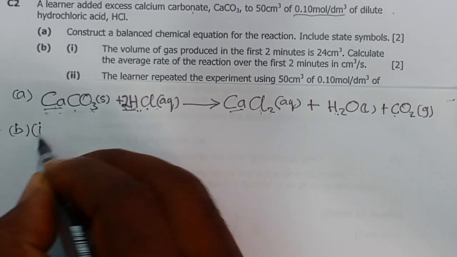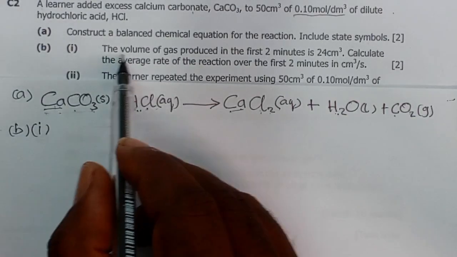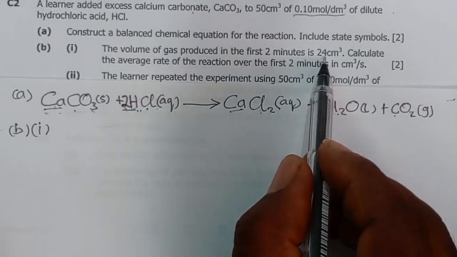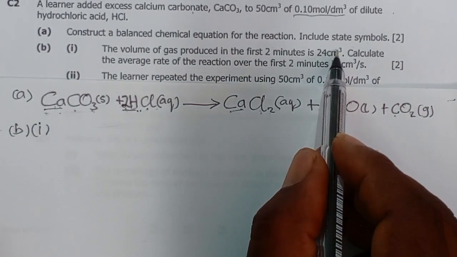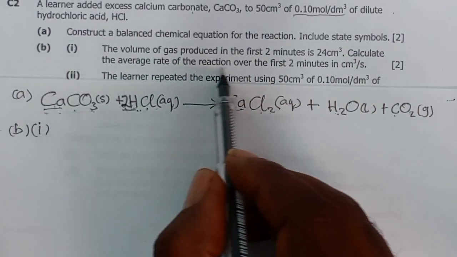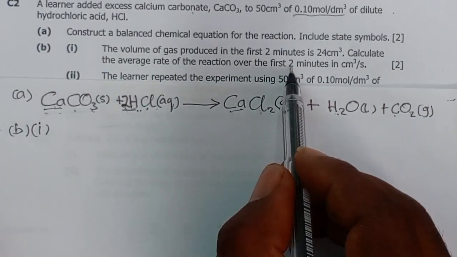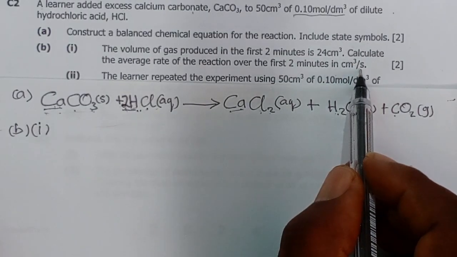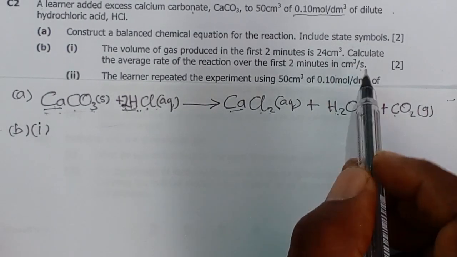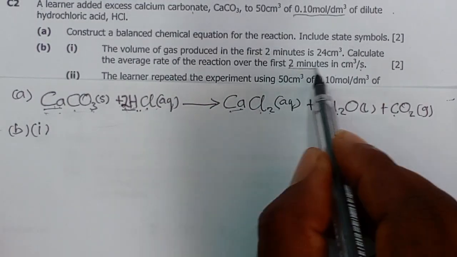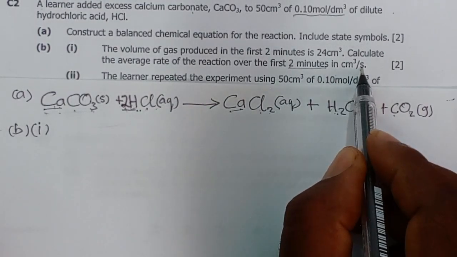So B1, the volume of gas produced in the first 2 minutes is 24 centimeters cubed. Calculate the average rate of the reaction over the first 2 minutes in centimeter cubed per second. So that simply means that per second, time is given in minutes, so time should be in seconds.